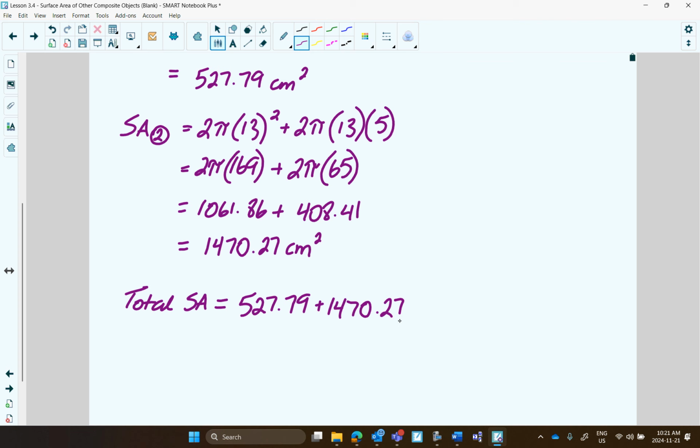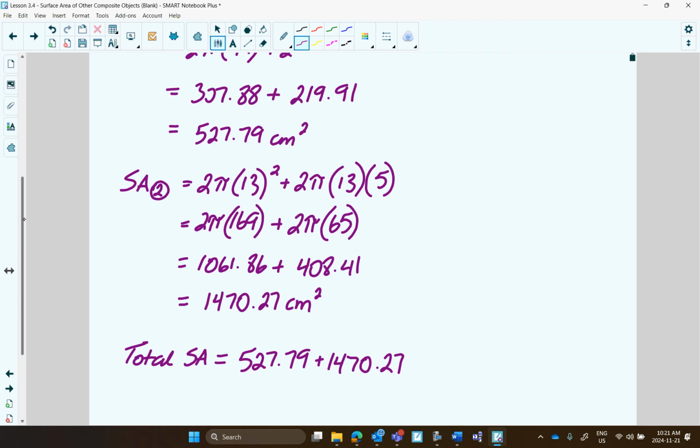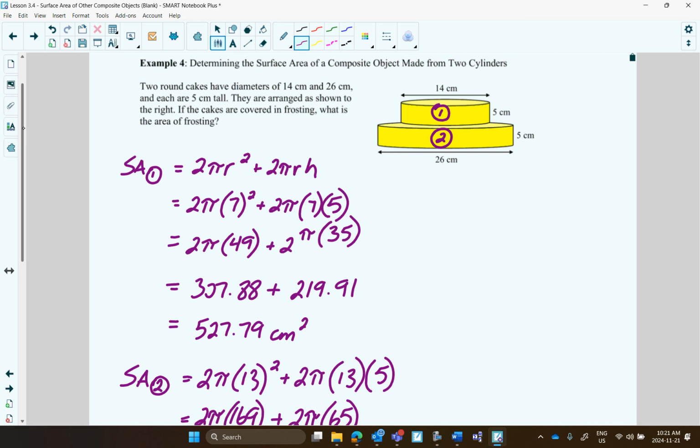But remember, when we put two objects together, two faces disappear, don't they? What disappears? Two circles, right? Two of those circles are going to disappear.